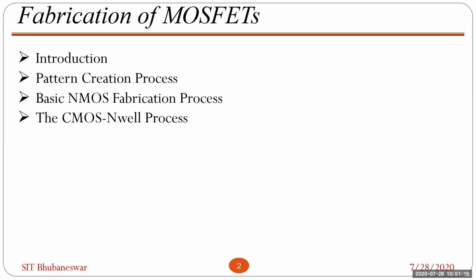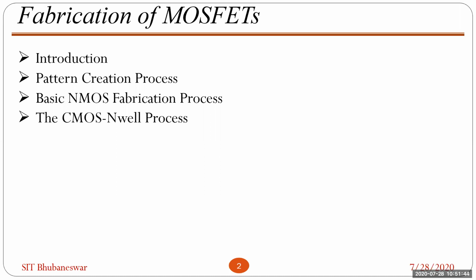After that, based upon this patterning process, we'll move on to the basic advanced fabrication process. Here we'll discuss the fabrication process of only NMOS. Once that is covered, we'll go for the simplified fabrication steps of the CMOS NWELL process, because it's popular now.